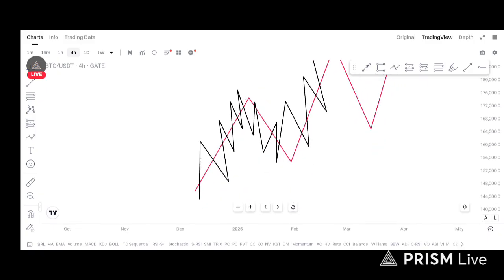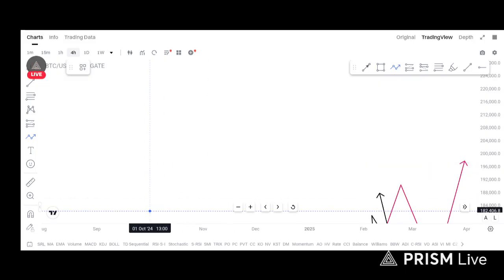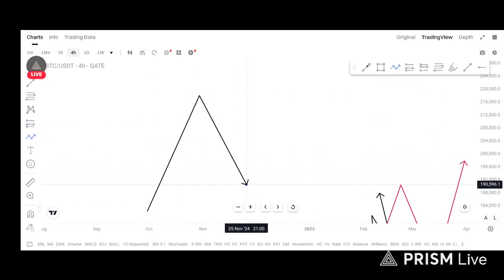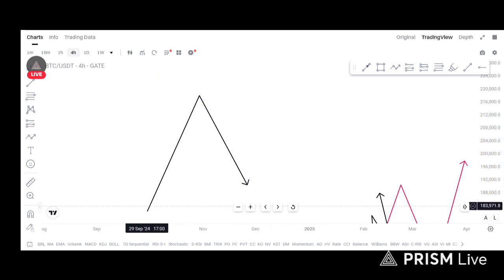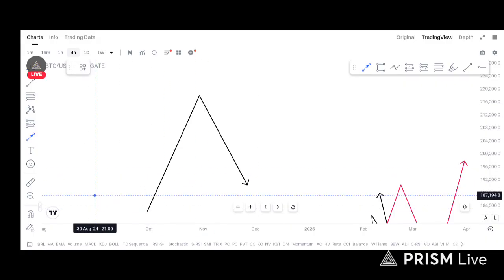Now look at this leg. Okay, let me use a new one that is very big. So you know that from this point to this point is our impulsive move, or let's use the arrow to annotate it.